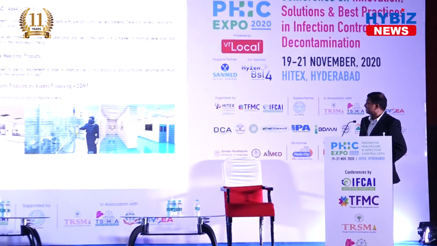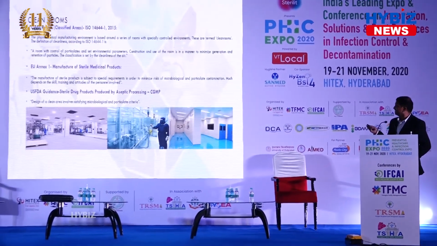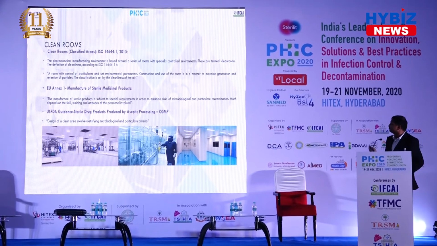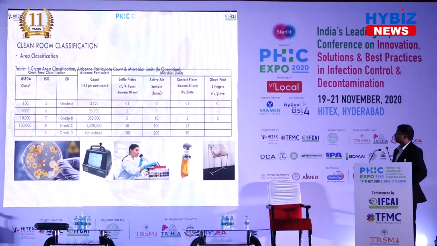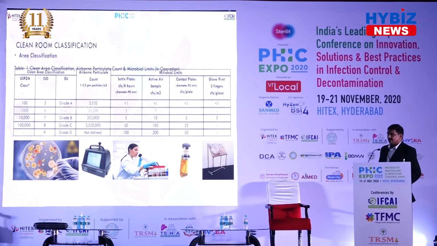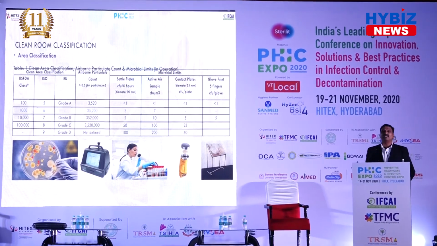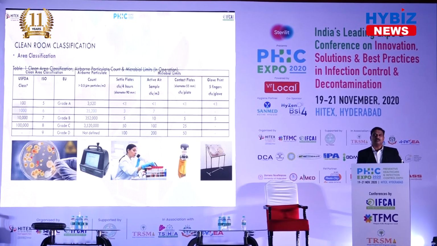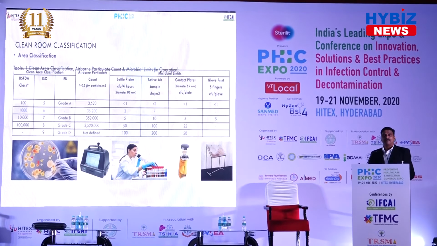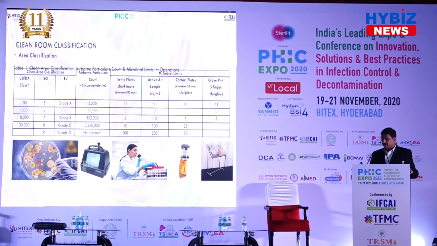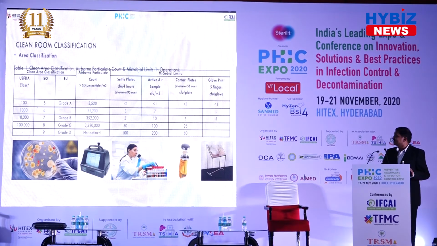These are some of the guidelines wherein they are defining exactly what a clean room is. Area classification. Clean rooms are classified basically into class 100, 1000, 10,000, 1 lakh.